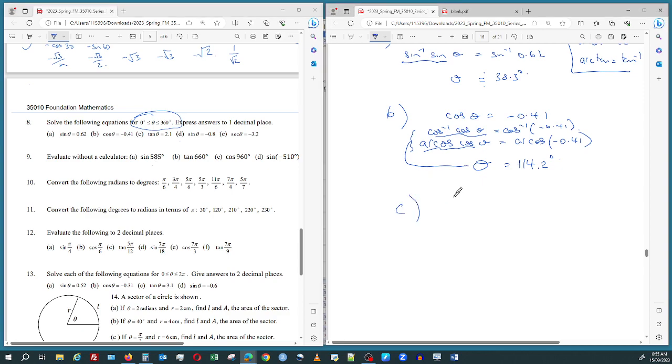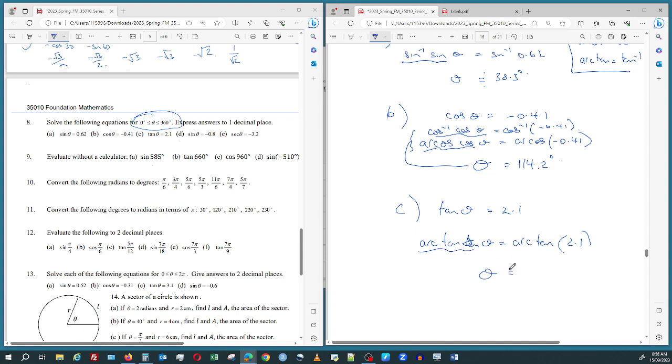Alright, C equals tan theta. So we could do arctan. Undo. Very unfamiliar, isn't it? Because you may not have seen it before. Arctan of tan theta, that's undo.